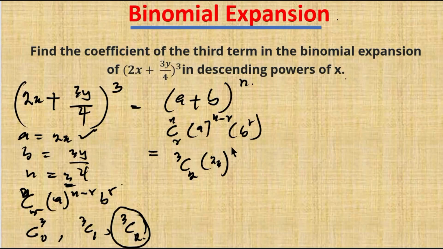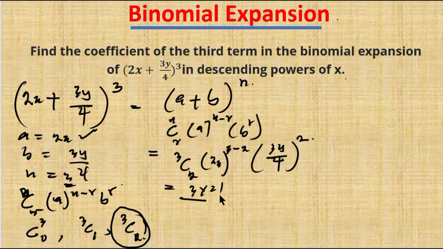In this case, n is 3, that's 3 minus 2, and my b in this case is 3y all over 4 raised to the power of r, again 2. So that this is 3 combination 2, that's 3 factorial, that's 3 times 2 factorial over 3 minus 2 factorial, that's 1 factorial, which is 1, times another 2 factorial here again, that's my r.